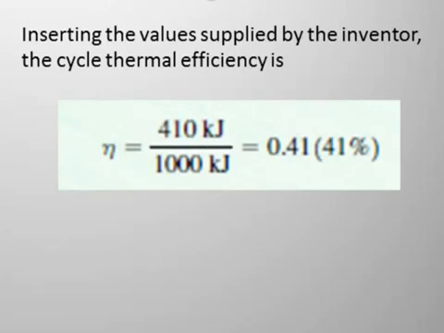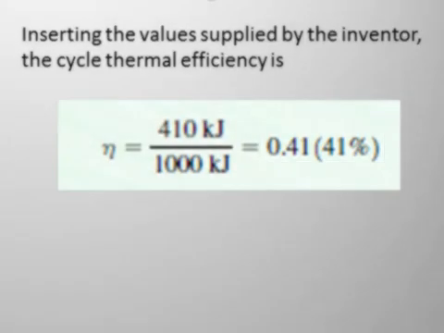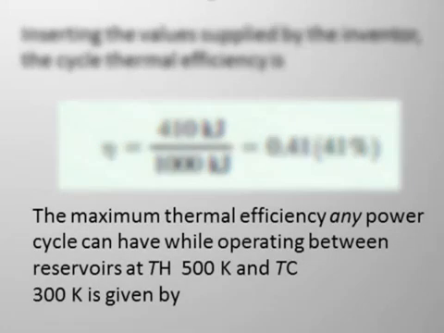If you do that, the efficiency is going to be 410 over 1000, 410 being the work output and 1000 being the energy input or the heat input. That gives us an efficiency of 41%.